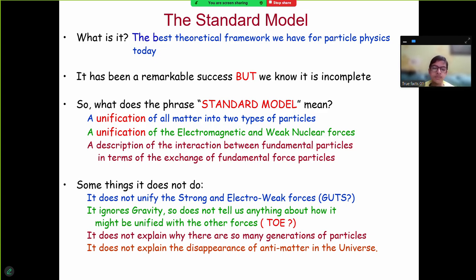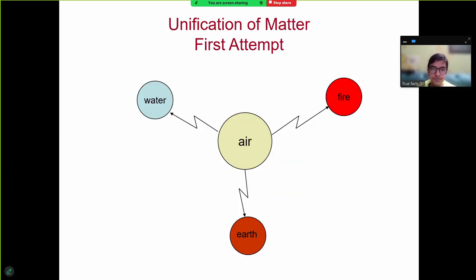It does not explain why there are so many generations of particles, and it does not explain the disappearance of antimatter in the universe. Antimatter is something that has existed, but the standard model is not explaining where all of it went. I don't know if you're getting my point.